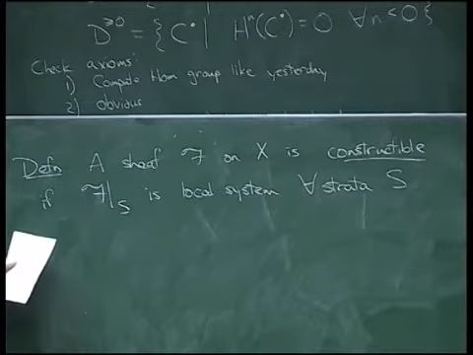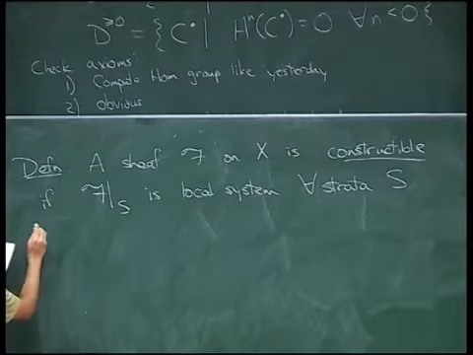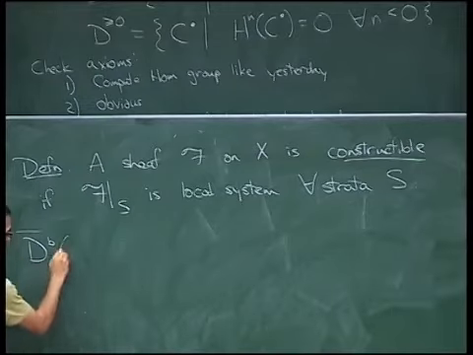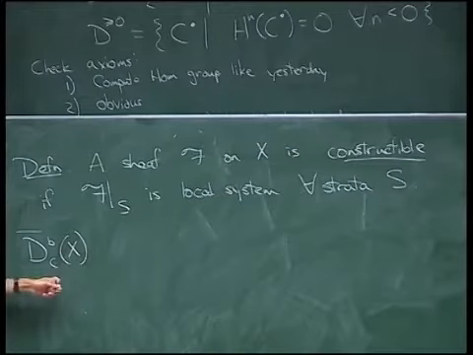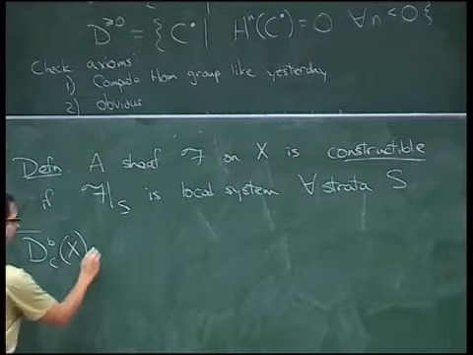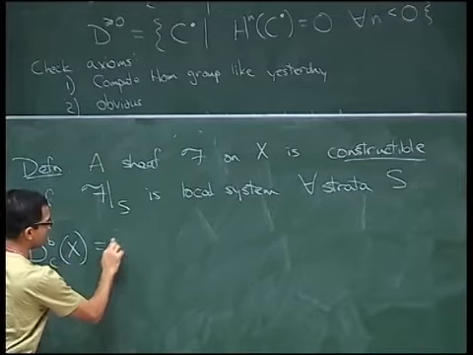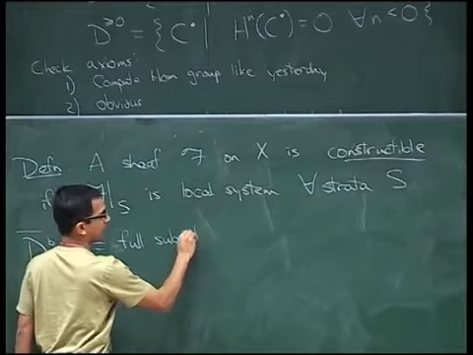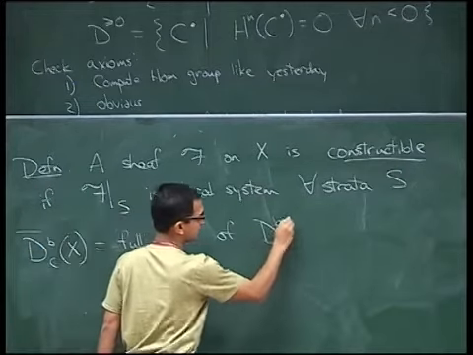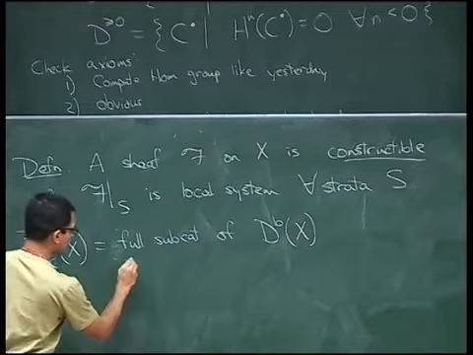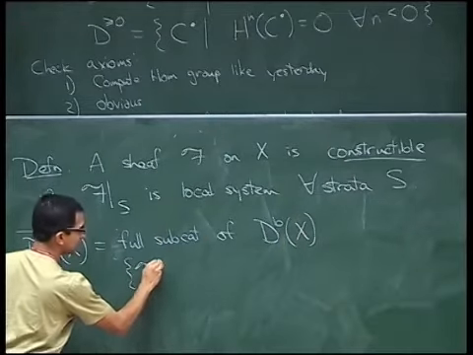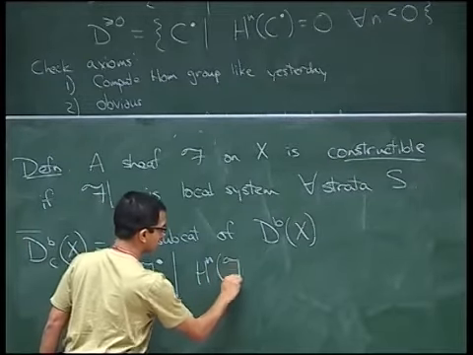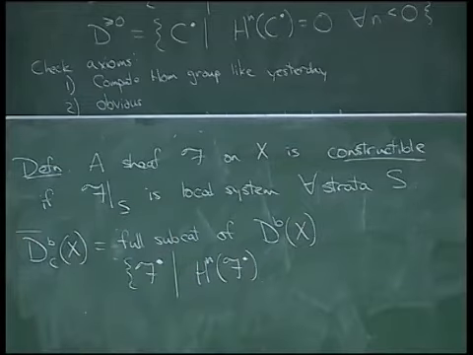So this is a definition for a single sheaf. And then here's the derived category version of that. So I'm going to write D^b_c(X). So b is for bounded, like usual, and the letter c is for constructible. This is the full subcategory of the bounded derived category of sheaves on X, whose objects are complexes of sheaves such that the cohomology sheaves of that complex are constructible sheaves.